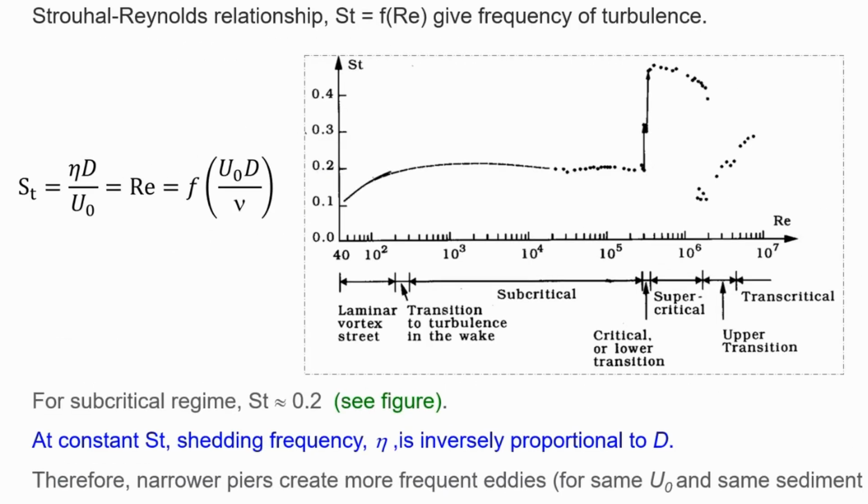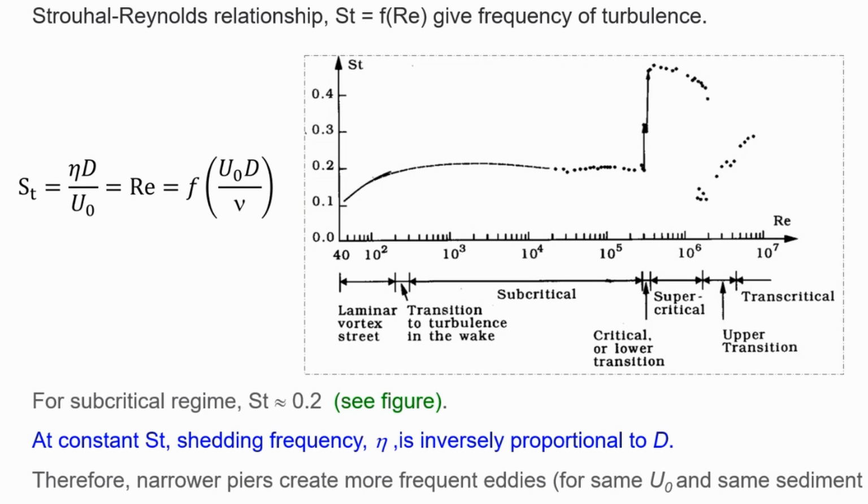This figure here is very important. This is the Strouhal-Reynolds number figure. This is Reynolds number across the bottom. Across the top is Strouhal number, which relates to the frequency of shedding of vortices. So Reynolds number is important in terms of the frequency at which you shed eddies.